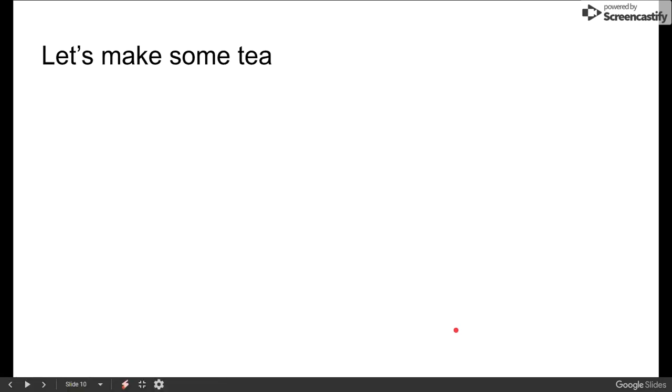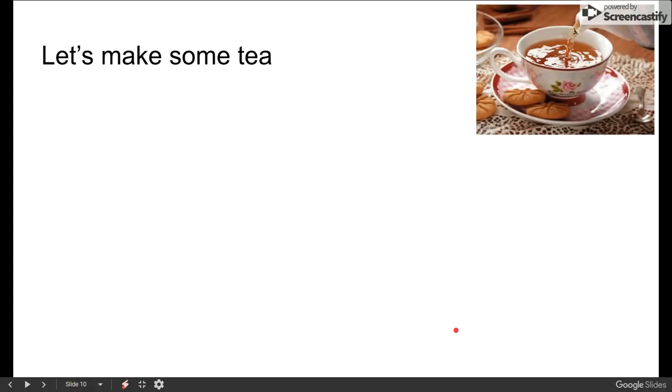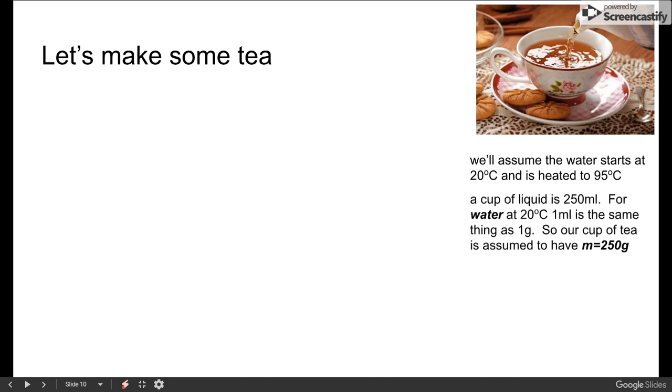So we'll make some tea with the formula. We're going to assume our water starts at 20 degrees and is heated to 95, which would be 75 degrees warming. Now, a cup of liquid is 250 milliliters by definition. For water at 20 degrees Celsius, 1 milliliter is the same thing as 1 gram.